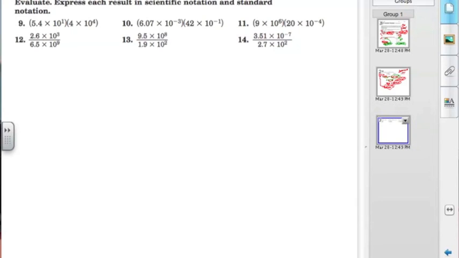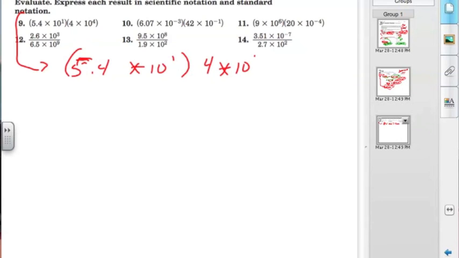All right, so now we're going to multiply and divide, and here's where those rules really come into play. So we have number 9, we have 5.4 multiplied by 10 to the first. That term being multiplied by 4 times 10 to the 4th. Now this is where you can think of the commutative property. You can move things around.